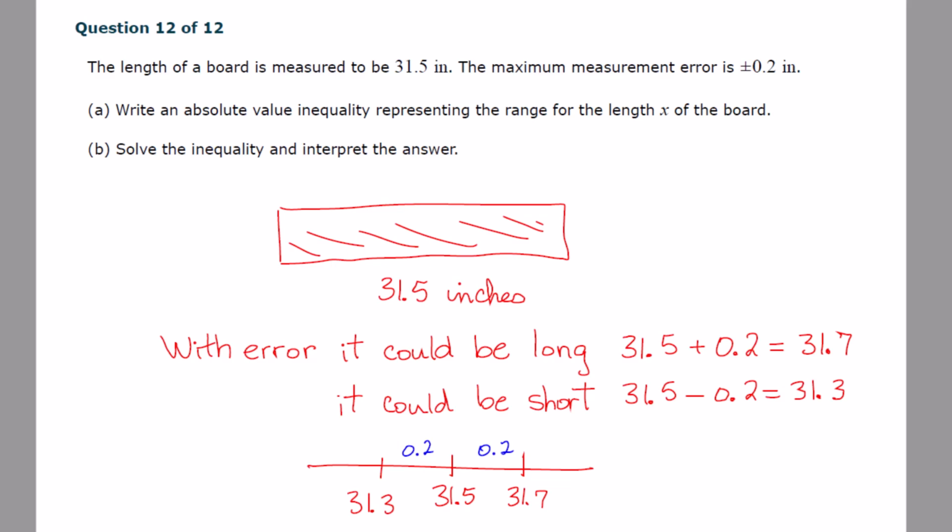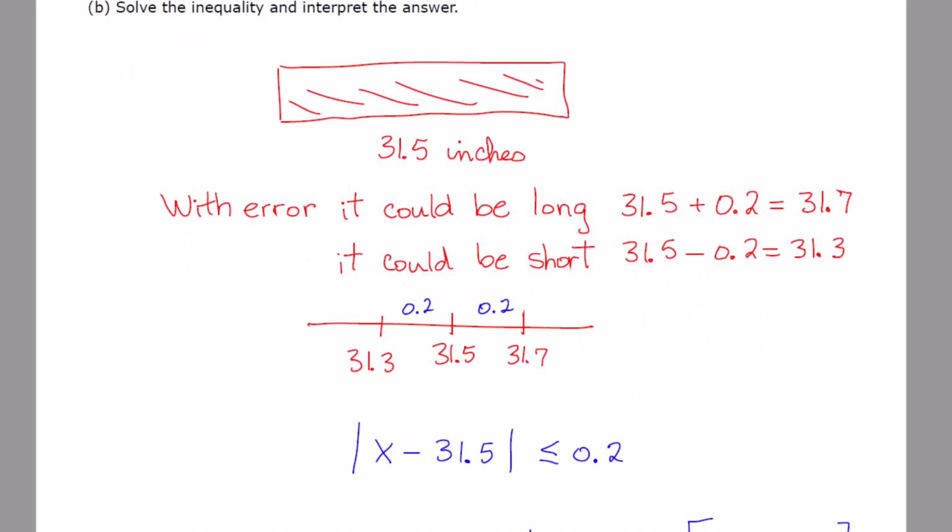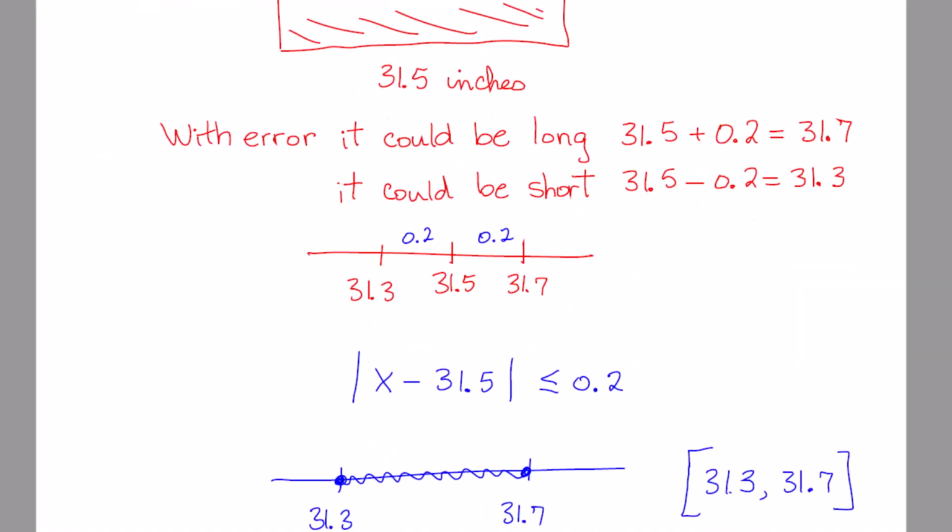Which means here is my 31.5, which I think I measured, but the real measurement could be down by 0.2 or up by 0.2. So what that's really saying in absolute value is the distance between x and that number is less than or equal to 0.2.